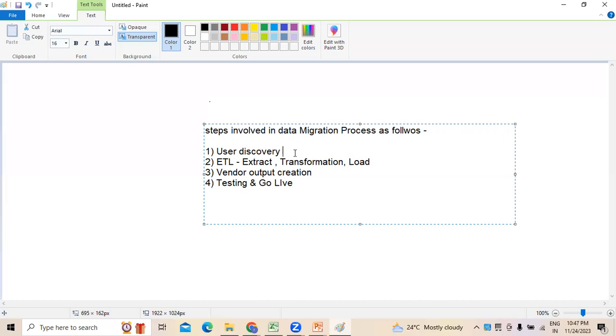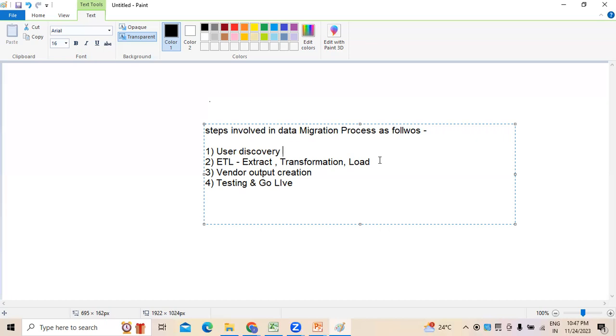In this, we extract the data from the existing system.